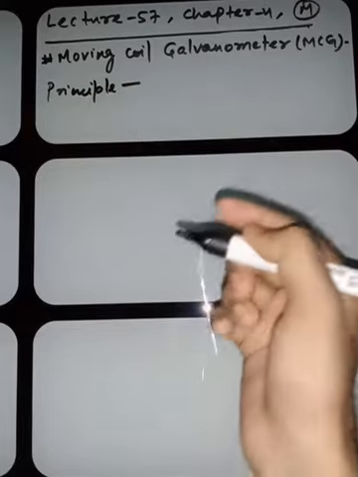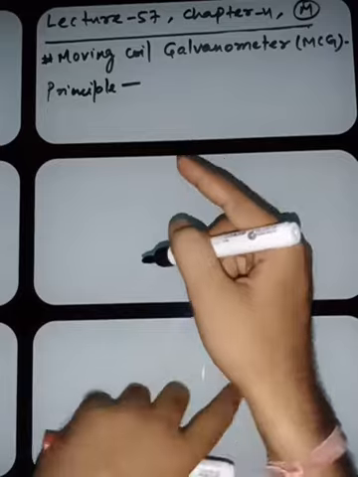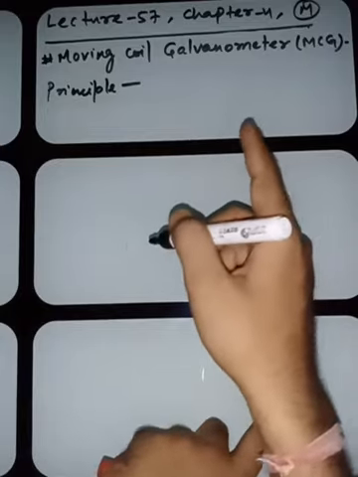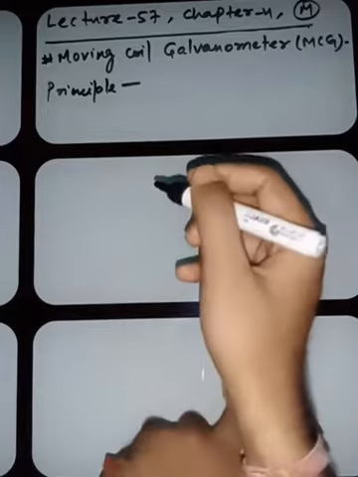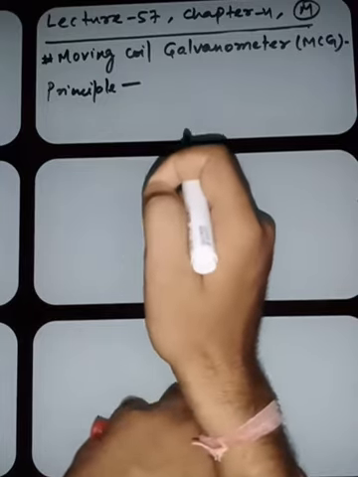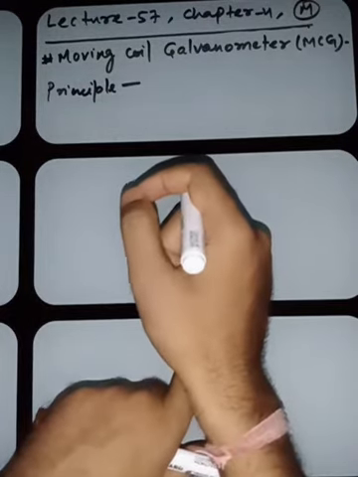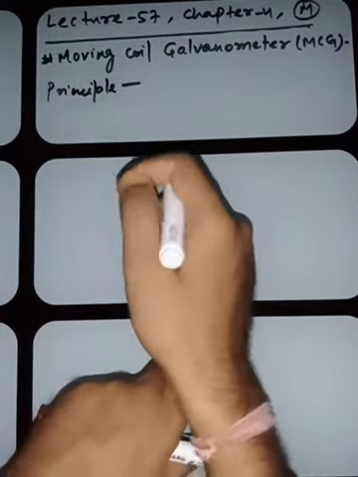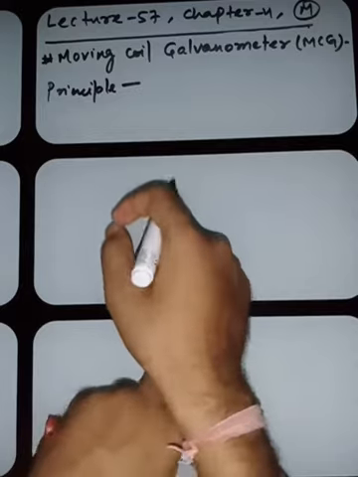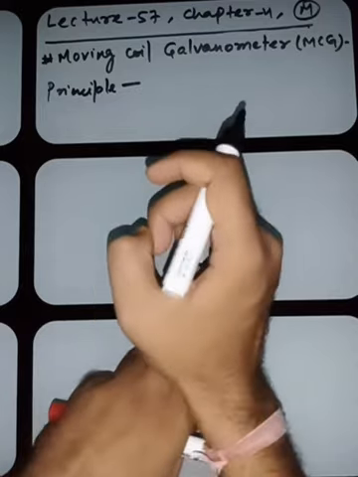My dear students, you won't get the principle right now, you only have to write it, but after making the diagram, I'll explain this principle. Okay, so the principle is, it works on the principle of torque. When a current carrying coil is placed in a magnetic field, it experiences some torque.